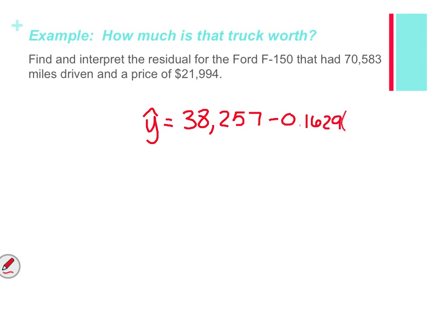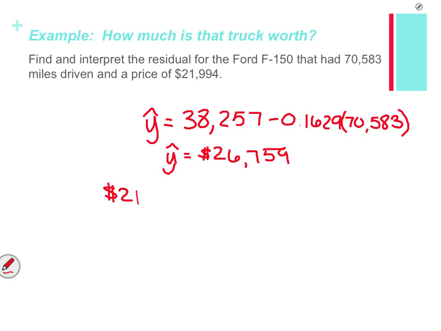Now we're looking for what prediction we would have made for 70,583 miles. I would have predicted my price to be $26,759, but your actual price was $21,994.